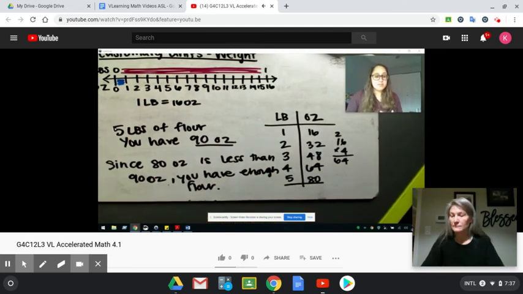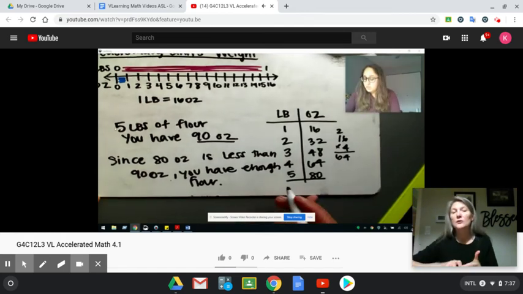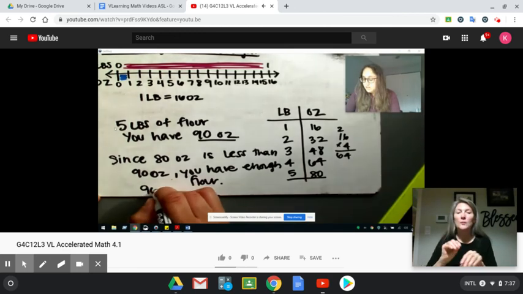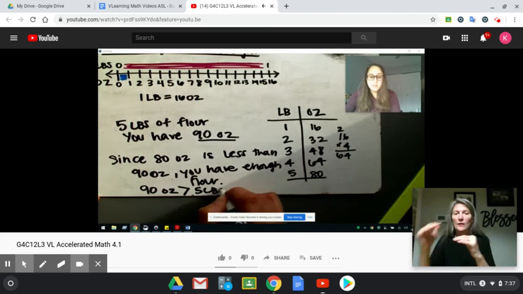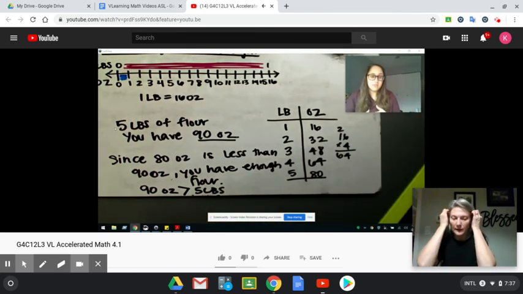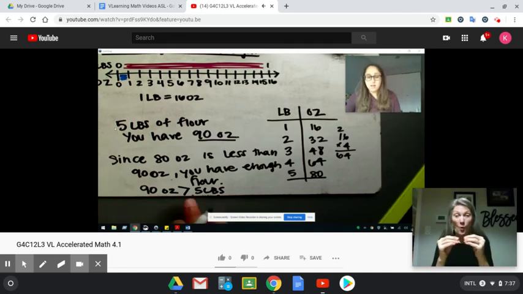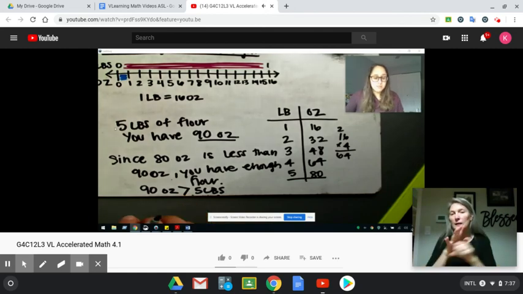If I asked you to explain, that would be your answer there. You could also simply put 90 ounces is greater than 5 pounds if they don't ask you to explain. If they just want to know which is greater, you could use that inequality symbol, that greater than sign, to show that difference between those numbers.